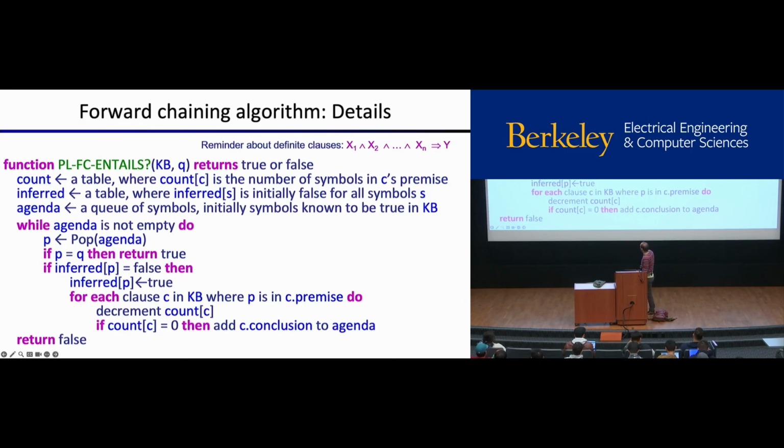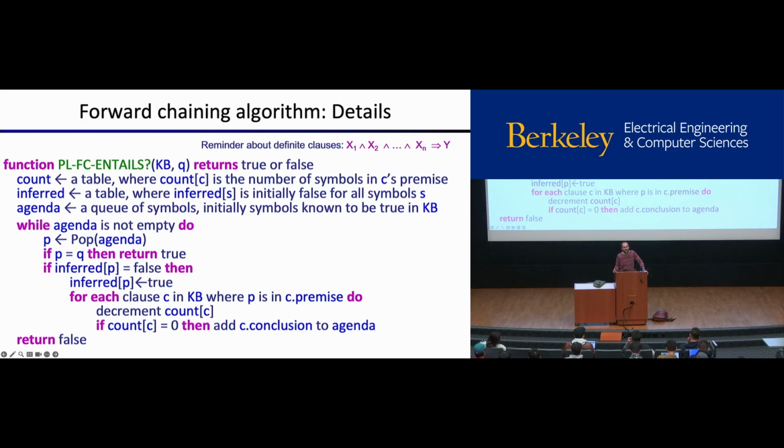And you might worry, could we notice that x3 is true and then decrement our count twice because we've noticed x3 is true, x3 is in this clause, let's decrement our count? No, because we only decrement the count if we hadn't inferred it before, but we have inferred it now.